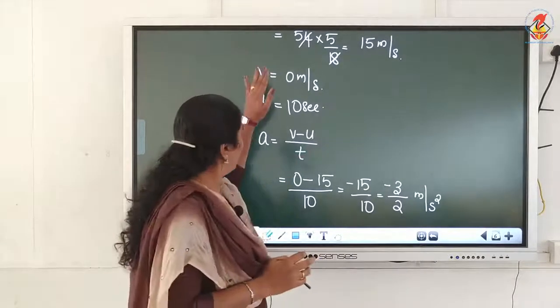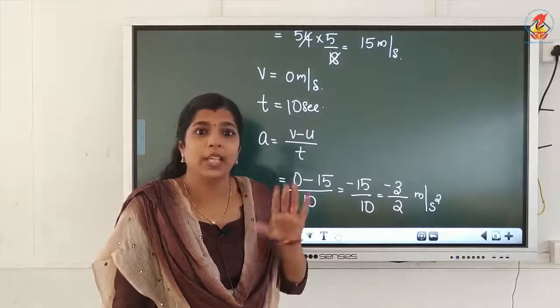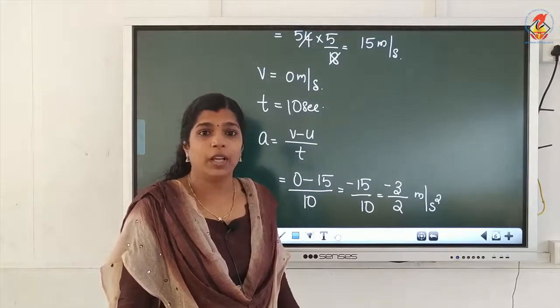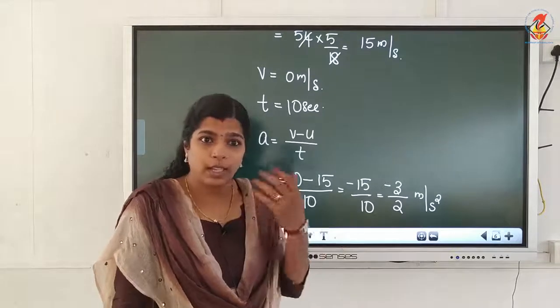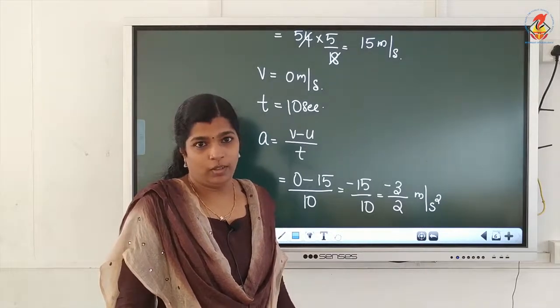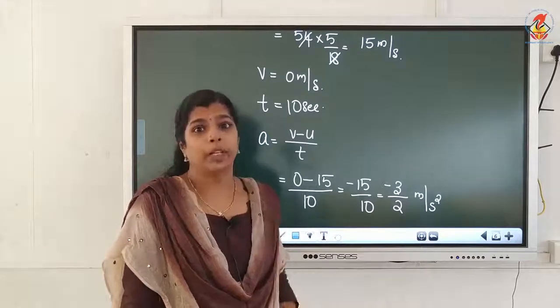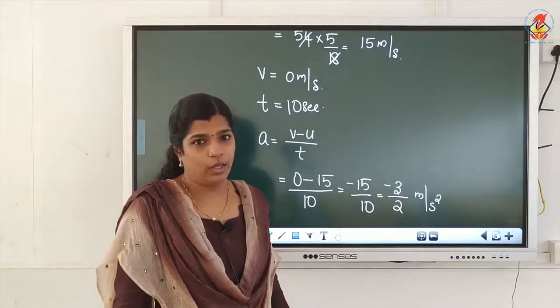So, when an object comes to rest or brakes are applied, then final velocity equal to 0. If an object is starting from a railway station or it starts from rest, then initial velocity is 0.